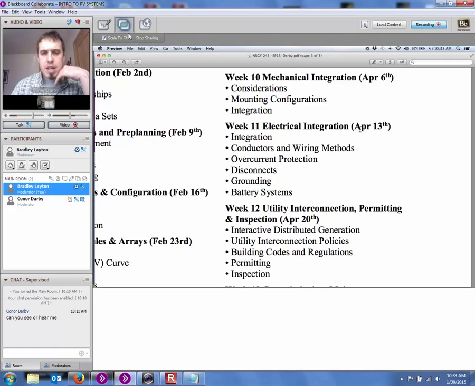And then this electrical integration here has a little more to do with some National Electric Code requirements for safely and efficiently installing systems with proper wire sizes and conduits and disconnecting means, and grounding is a major topic.